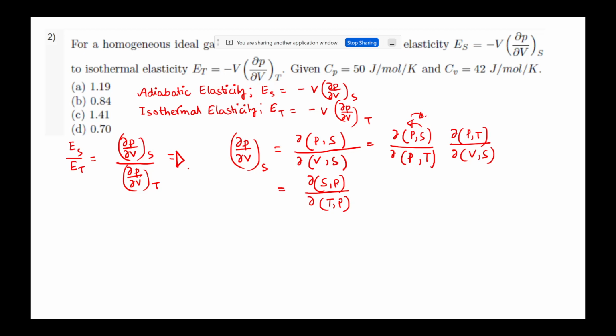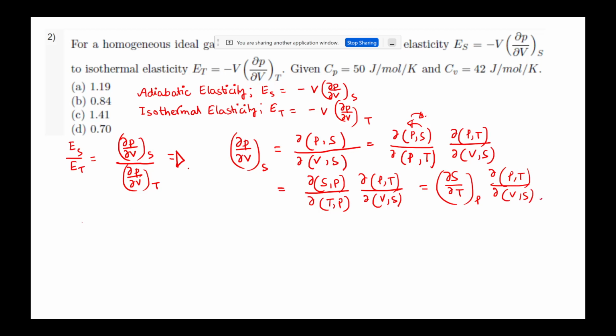P is in the second column and it is a fixed quantity. So delta PT, delta V S. So it becomes (del S/del T) at fixed P and (del P/del T)(del V/del S).